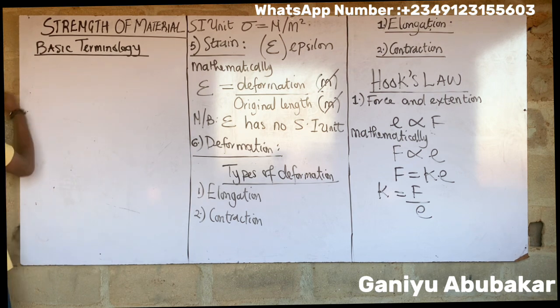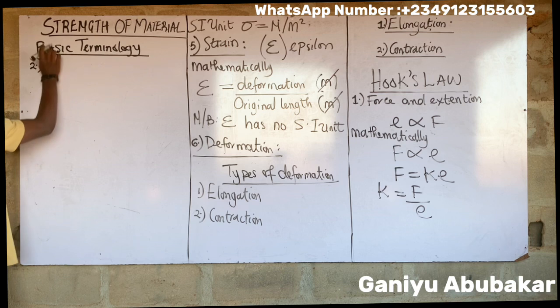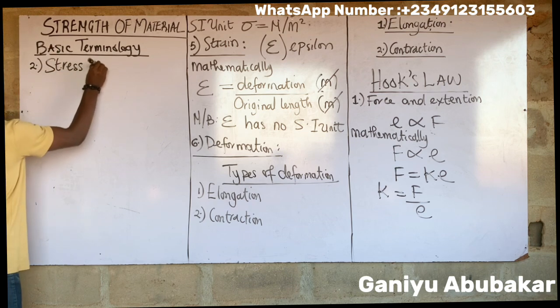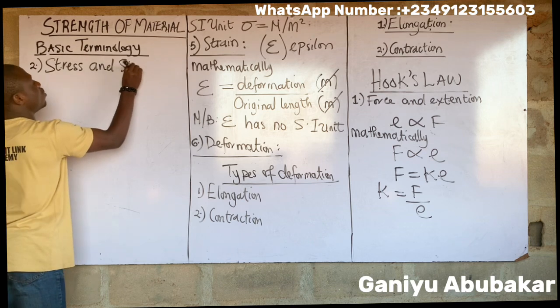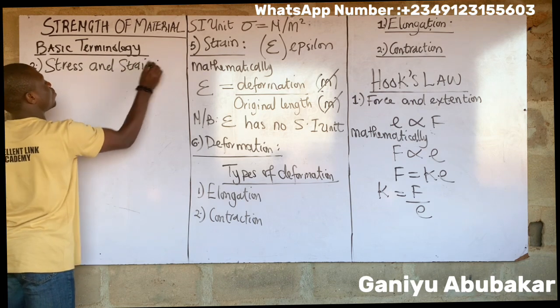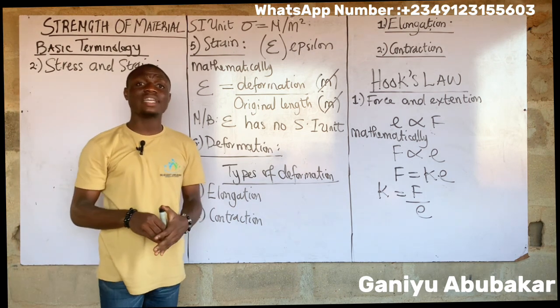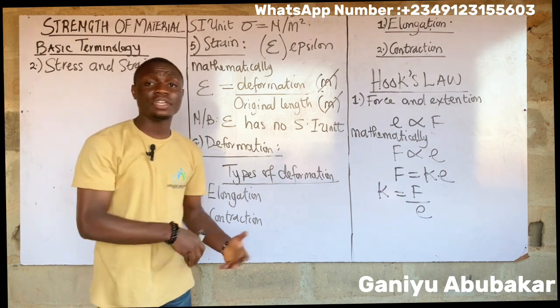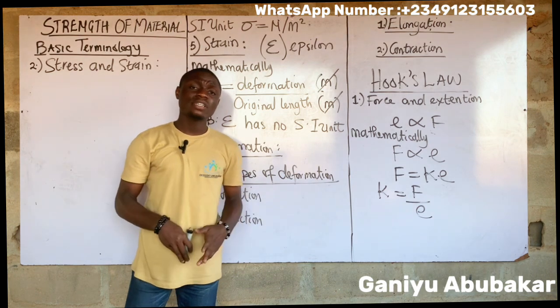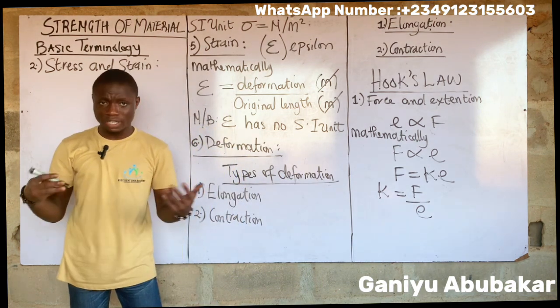Number two, in terms of stress and strain. Hooke's law in terms of stress and strain states that the strain in an elastic material is proportional to the stress causing it.